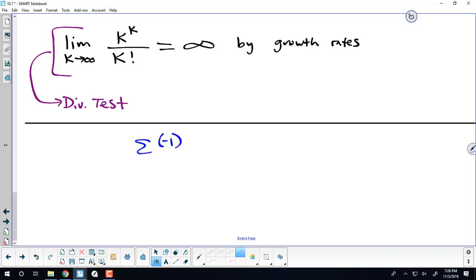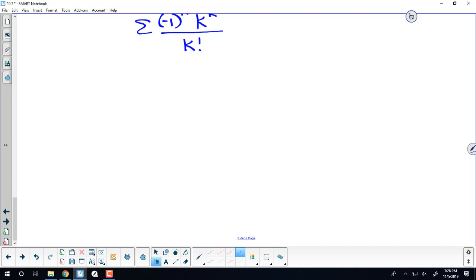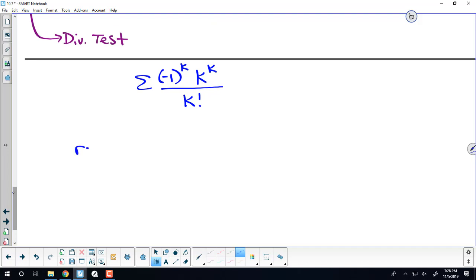So if we add just an alternating part to the series we started with, here we would have to be careful when we compute the ratio, because we have positive and negative terms in this series.